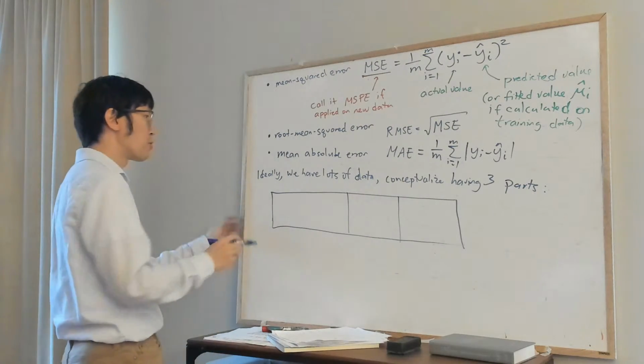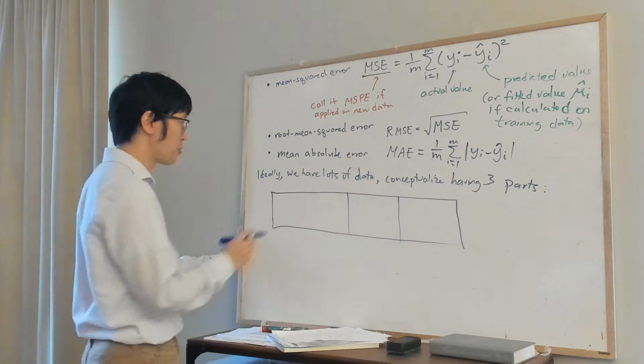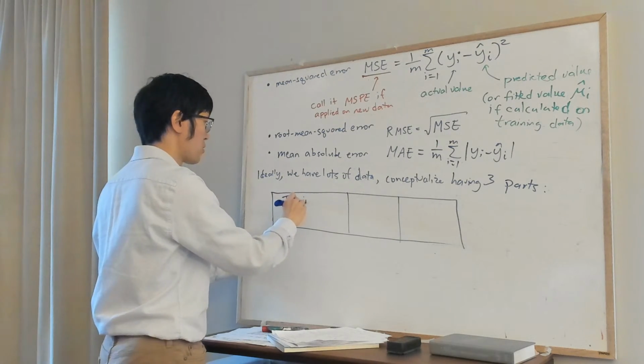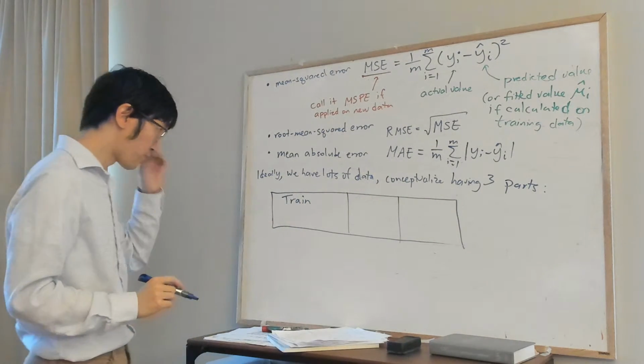Ideally we're going to have some data which we're going to fit our model on. Let's call this the train component.